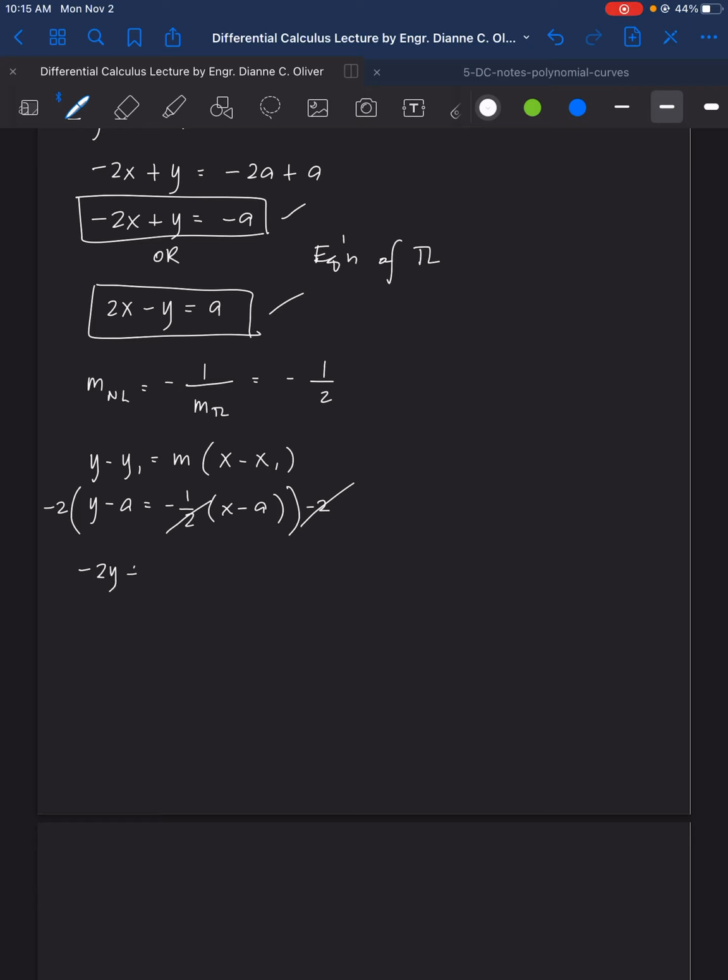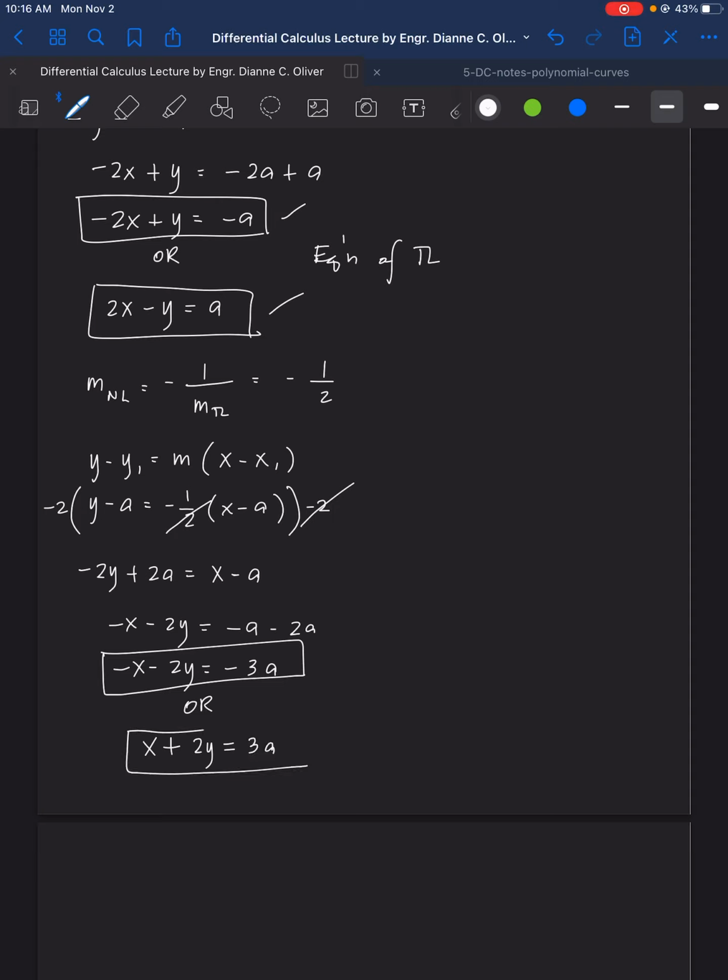Negative 2y plus 2a equals x minus a. So we have negative x minus 2y equals negative a minus 2a. Negative x minus 2y equals negative 3a, or x plus 2y equals 3a. Either of these is the equation of the normal line. Okay?